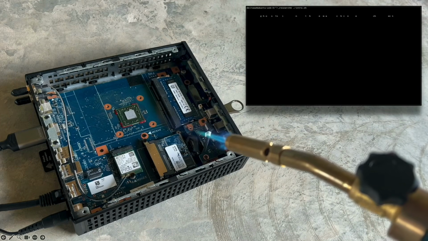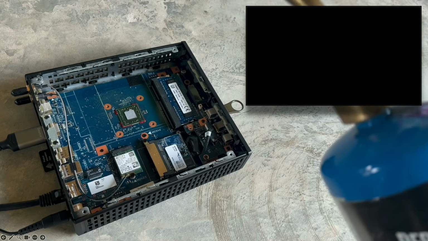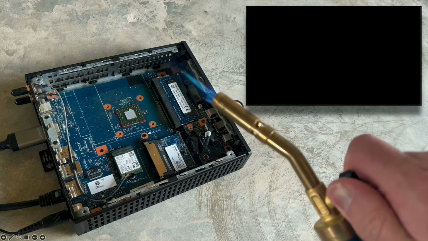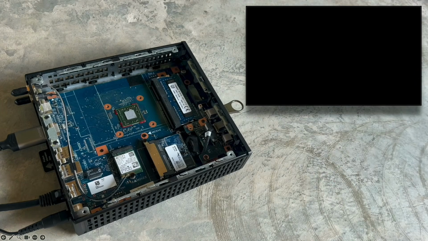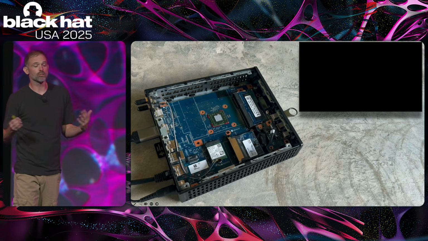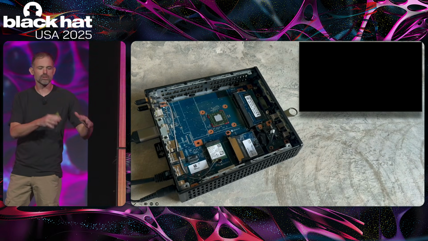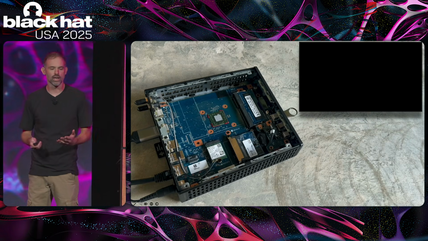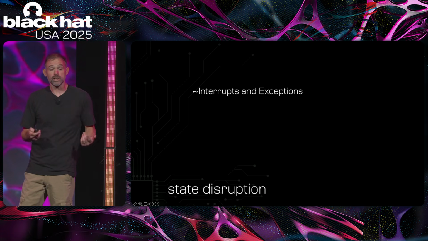I've got to be careful so that I don't accidentally melt the rest of the system, but with that, we can see that the system actually shut down. Something finally went catastrophically wrong. What probably happened on the CPU side is it got a therm trip signal and shut itself down, trying to prevent permanent damage to the CPU. And it'll be fine. After it cools off, the system will start to boot back up again, no worse for wear. But what's the point?